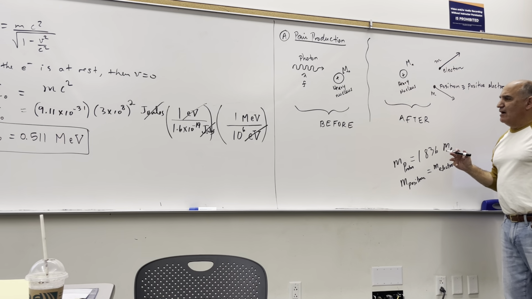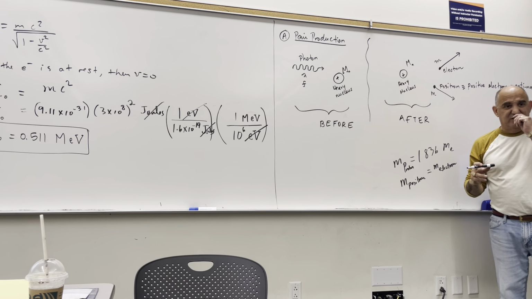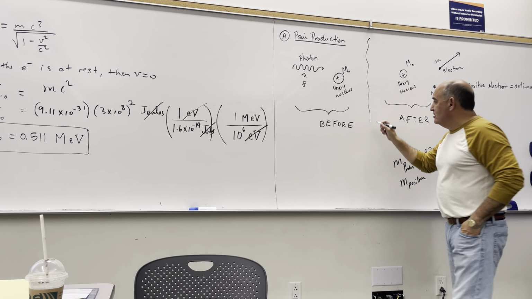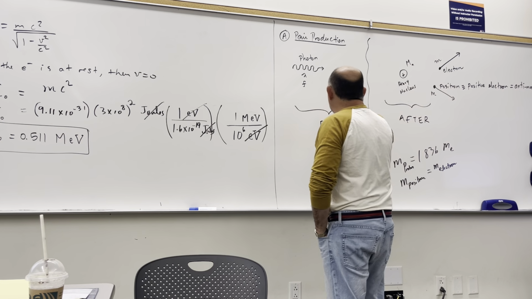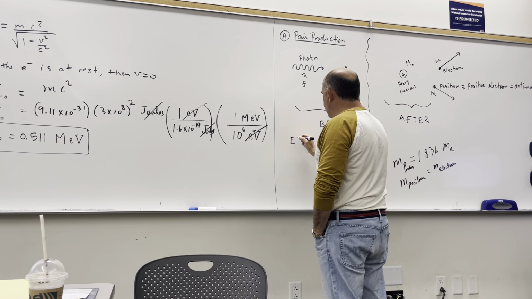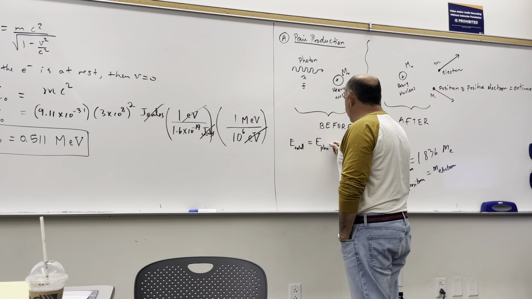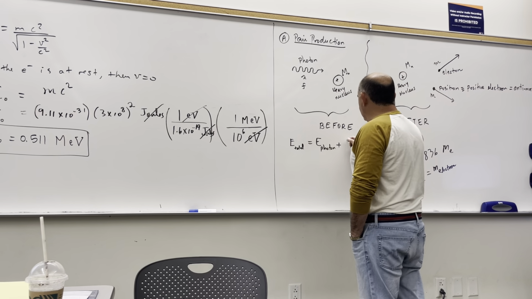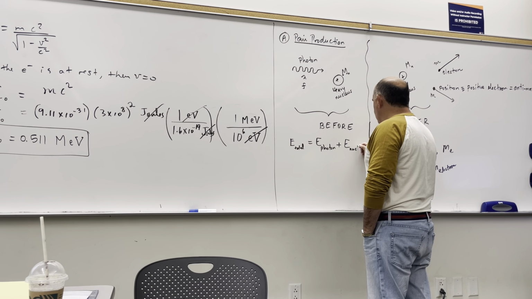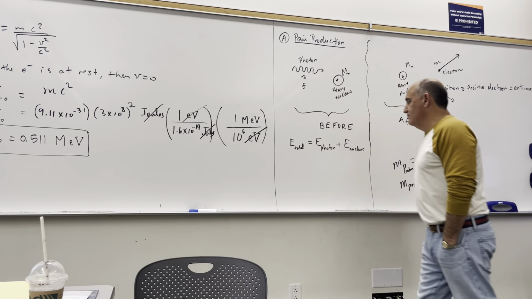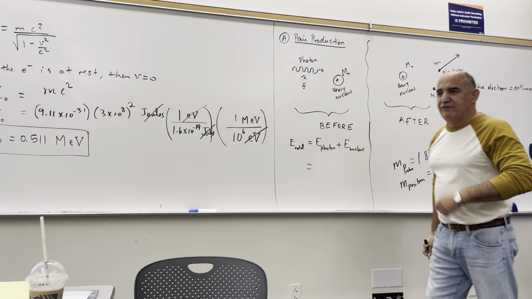So if you write down the energy balance equation, conservation of energy, what is the total energy before the interaction? It would be the energy of the incoming photon plus the energy of the heavy nucleus. What is the energy of a photon?